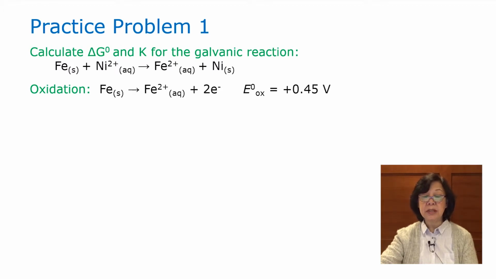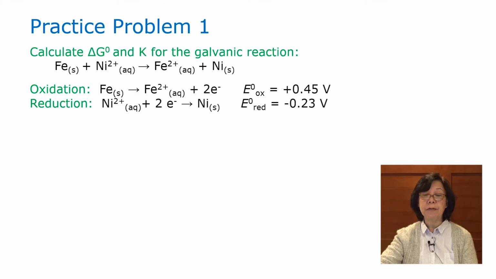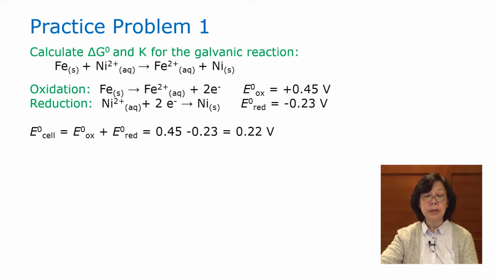Because it's listed as a reduction, we flip the equation and change the sign to positive 0.45 volts for the oxidation potential. For the nickel reduction, it is negative 0.23 volts from your book. The overall cell potential is the oxidation and reduction potentials added together, which is 0.22 volts.